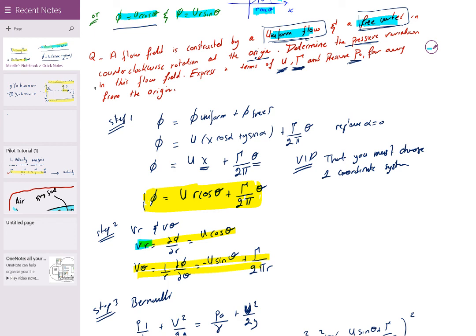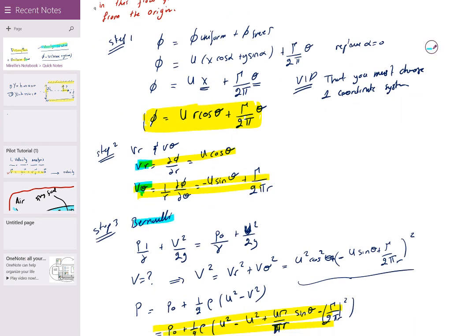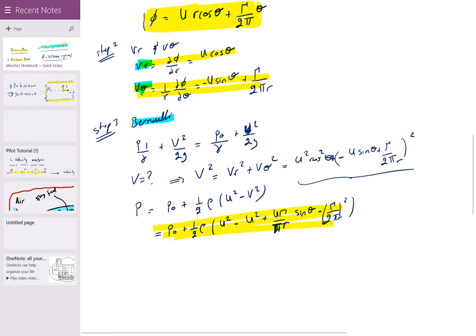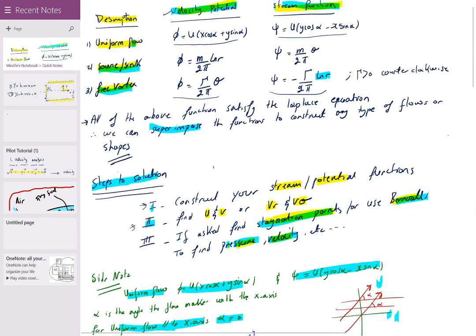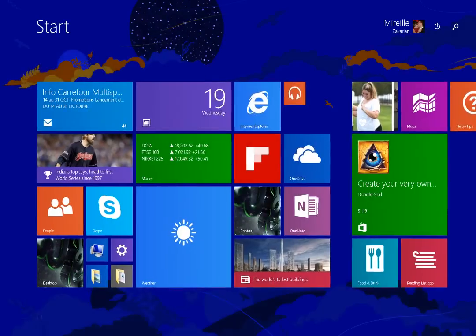Find the two components of the velocity and then answer the question. It's going to be Bernoulli, or find the stagnation point, or it could be some other thing that I'm not aware of yet. So this is the first video. I'm going to try to upload 2 more to help you out.